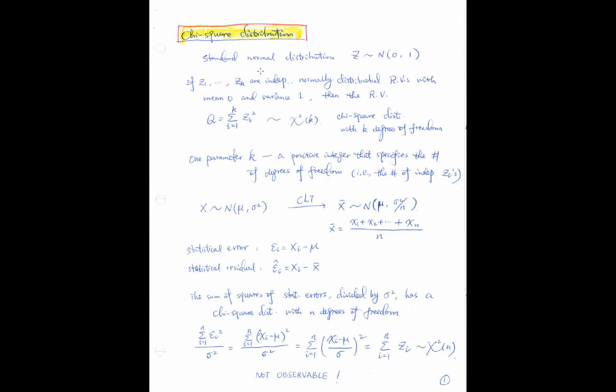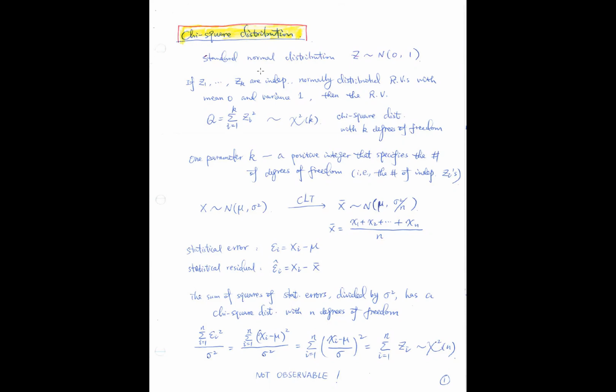If we have a standard normal distribution, and the standard normal variable is z, using the notation z, that is normally distributed with mean 0 and variance 1.